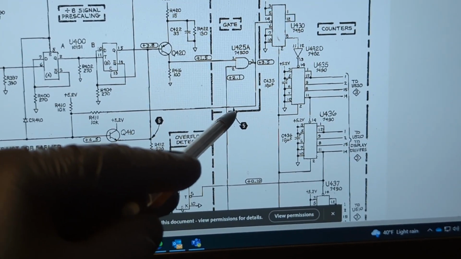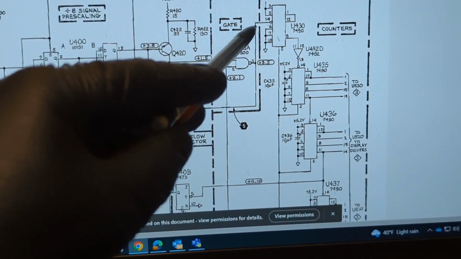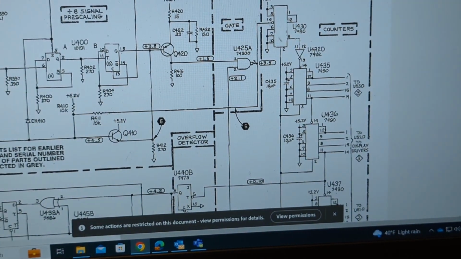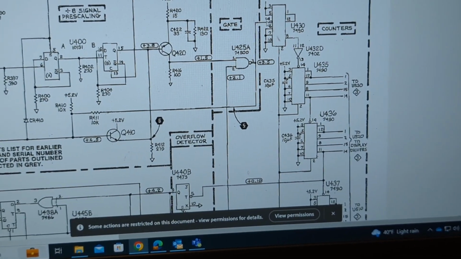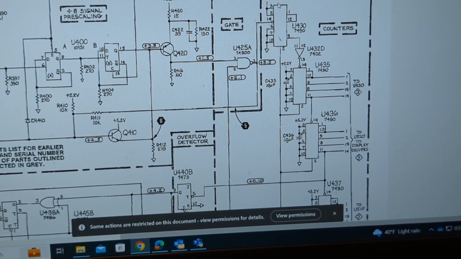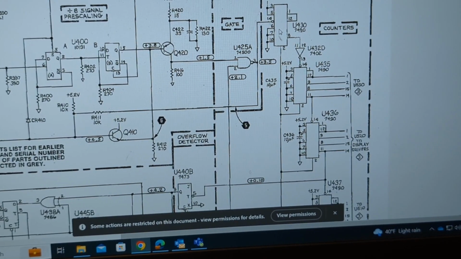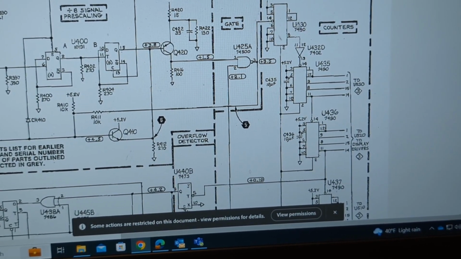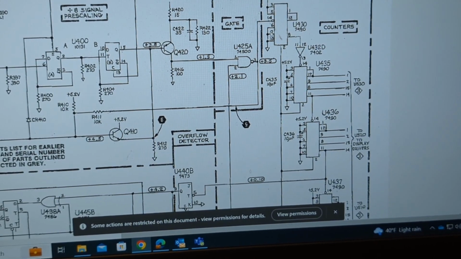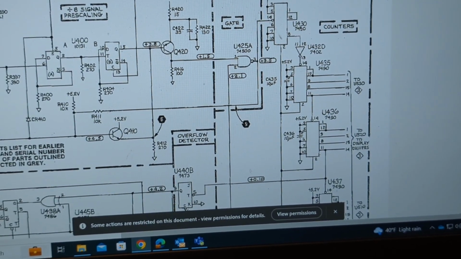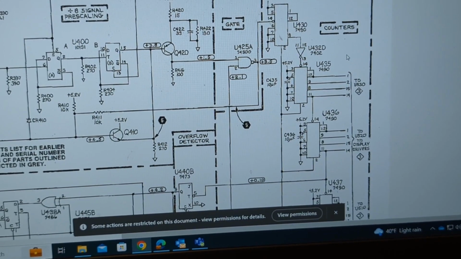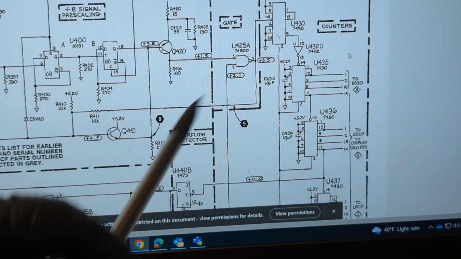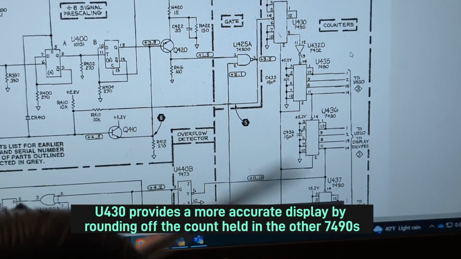Number 5. We know that all of the waveforms we measured were the same as in the service manual. So this trace goes all the way up here to pin 14 of this 7490, which is the clock input for this one. Now, this isn't one of the BCD outputs going on to the 7-segment LEDs, but it is part of this cascade of counters.